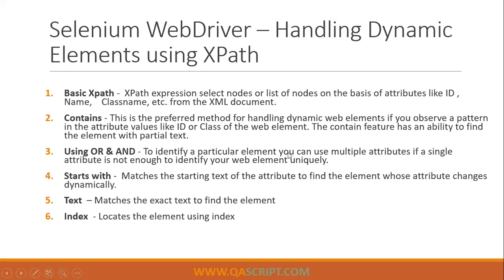So to identify a particular element, it's not necessary you just use a single attribute. You can also use multiple attributes and join them together using or and condition, right? So that way you can actually bring uniqueness to your identifiers or to your elements rather than only using one attribute, which is not enough to make it unique, right?